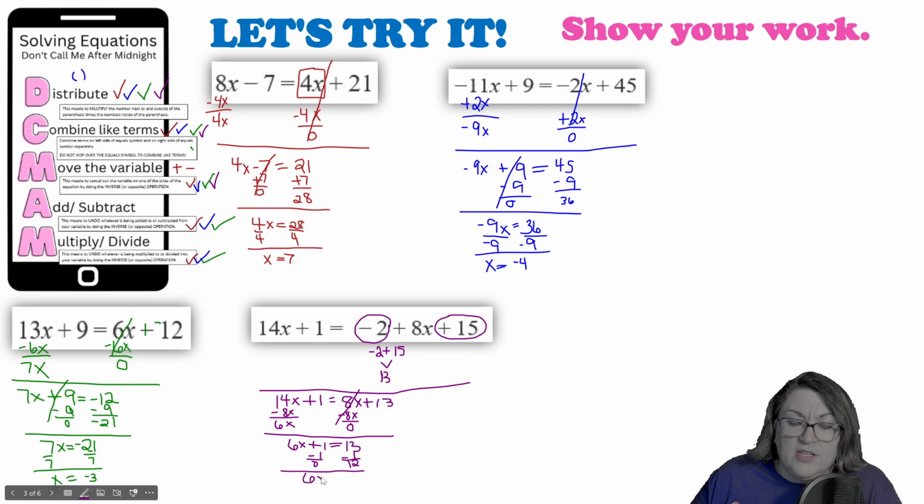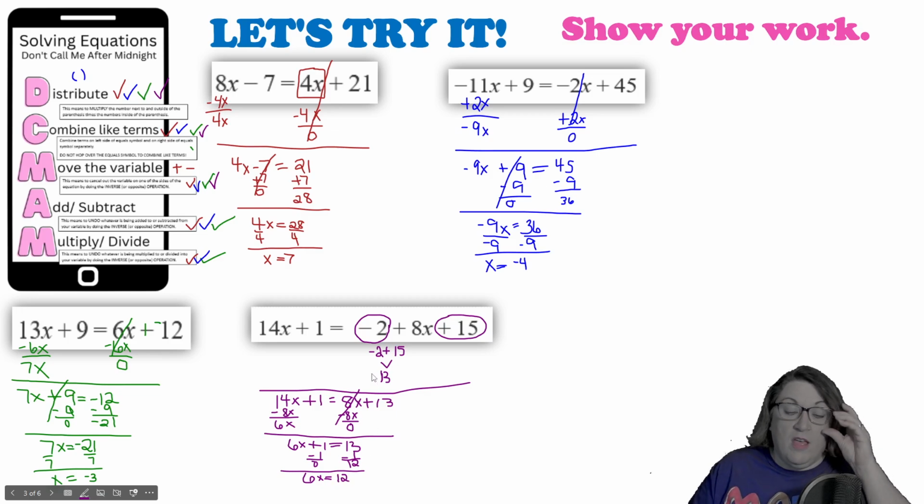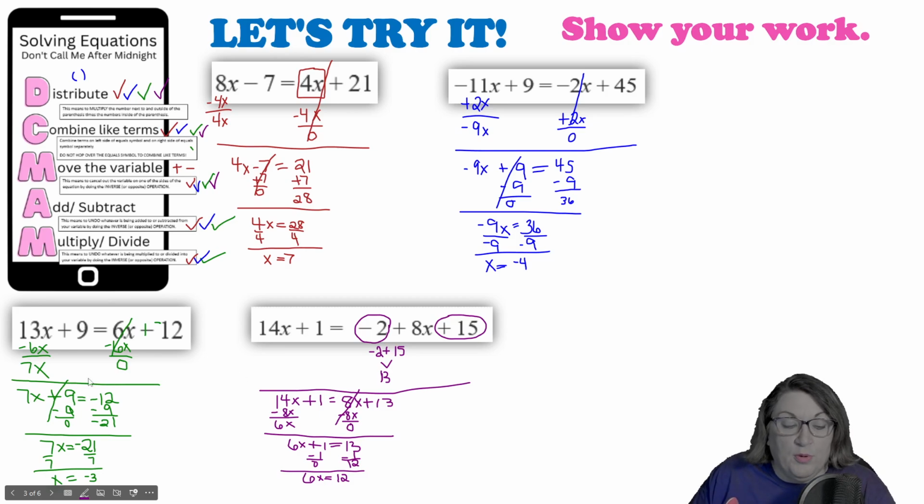Some kids like to do this. I don't do this. I've never done this, but I have noticed a lot of teachers and students sometimes like to draw a line through the equals so that they can keep their equations separated, so that you know to do it on both sides of that equal symbol.